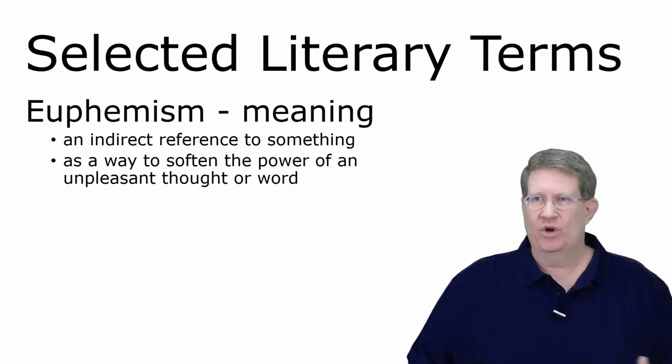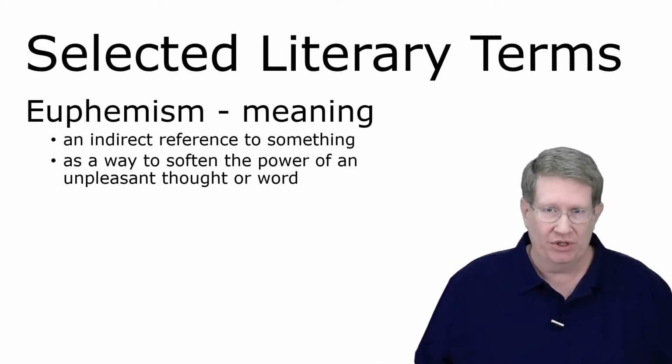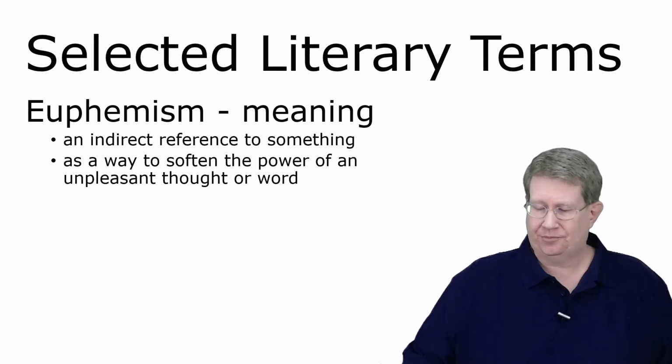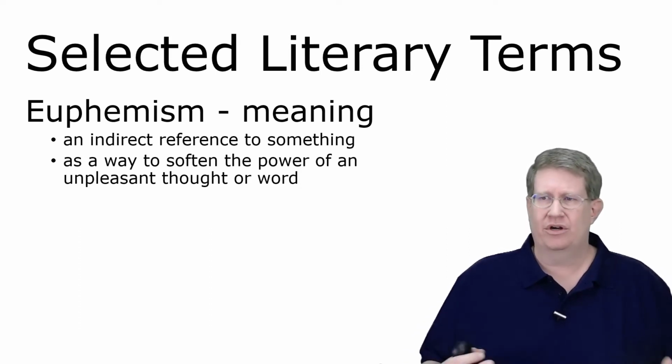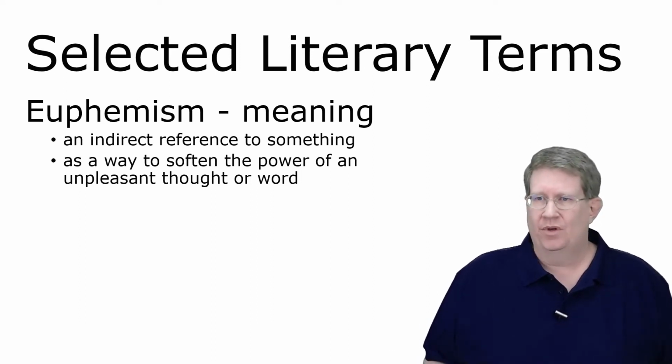There's things that we wish weren't in the world. Bad news, I mean, when people die, we use euphemisms to soften the language that we're using to talk about some bad news or a negative situation.